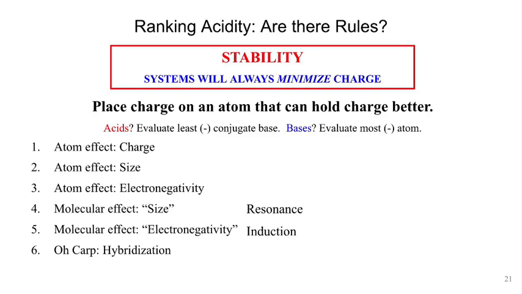Okay? Then we move to a molecular effect of electronegativity. That one's a little bit more straightforward. That's known as induction. Okay? And in the induction, it's just, is there an electronegative atom? If there's an electronegative atom in the molecule, what is it doing to all the electrons? Hoarding them. It draws all of the electrons in the molecule towards it. Depending on what you're looking at, that's going to change the reactivity.